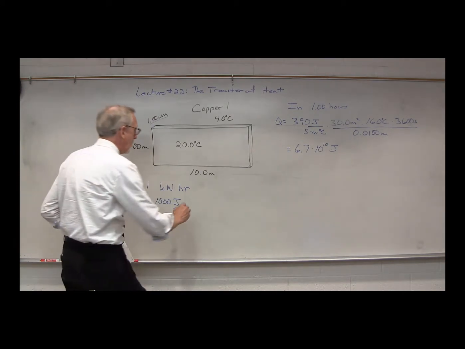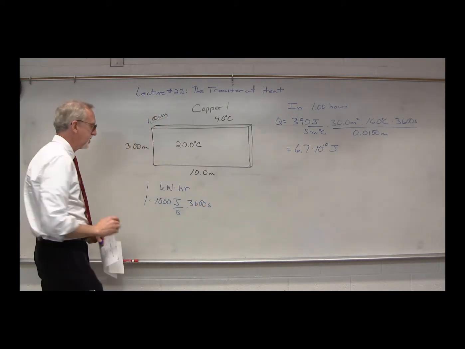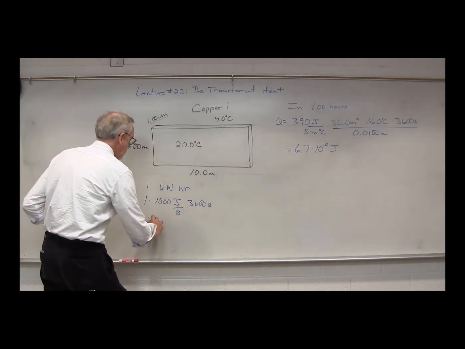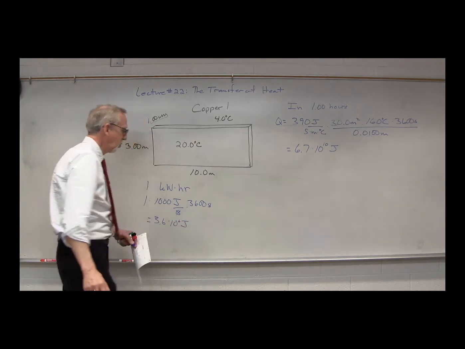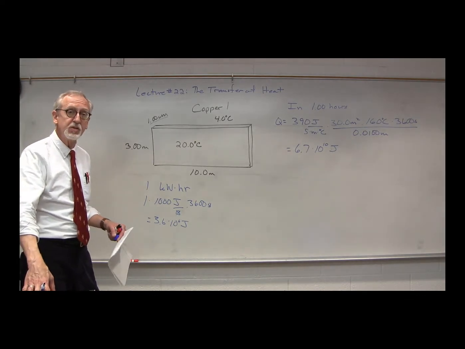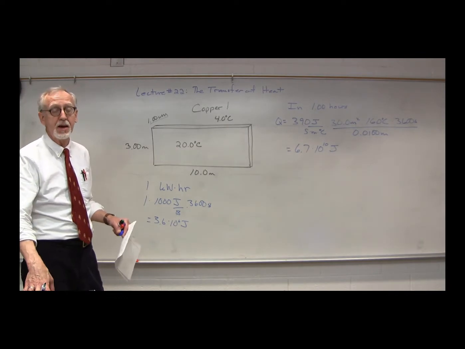Times an hour, or 3,600 seconds, the seconds cancel, multiply this out, and what do we get? We get 3.6 times 10 to the 6th joules. So a kilowatt hour is 3.6 times 10 to the 6 joules. In other words, 3.6 million joules, or 3.6 megajoules.